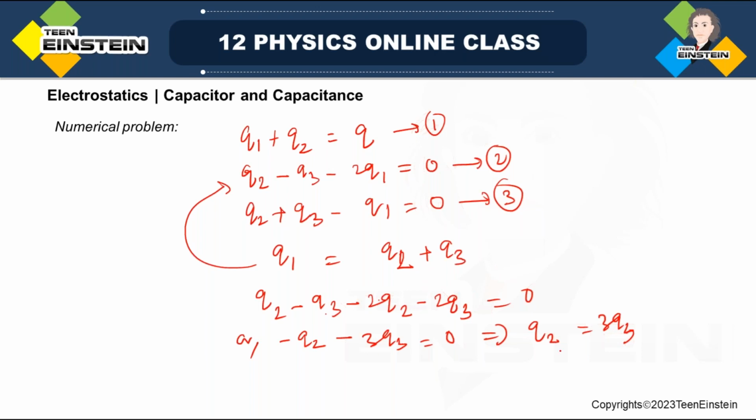We have got a relationship anyway, so we can find out from here. Q2 and Q3 have a relationship. So Q1 will be found out from here. So what will we get? Q2 I will write as 3Q3, and Q3 is there. So this will be 4Q3.